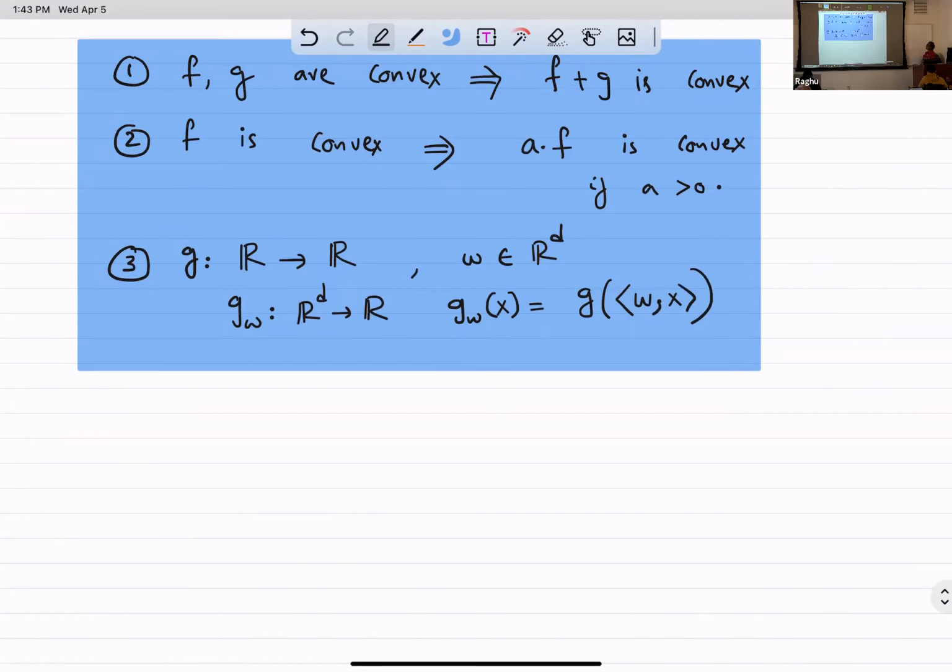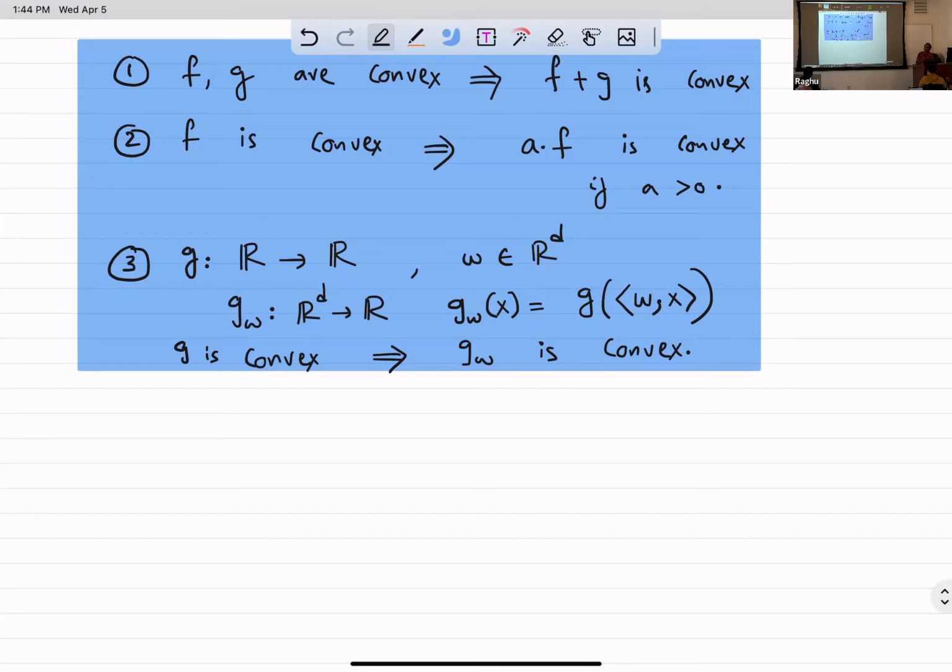You're basically thinking of g as the activation function. So you take the inner product first and then apply g. So if your activation function g is convex, then the new function in higher dimensions is also convex. Okay, so this is one way to build higher dimensional convex functions starting from something in one dimension.